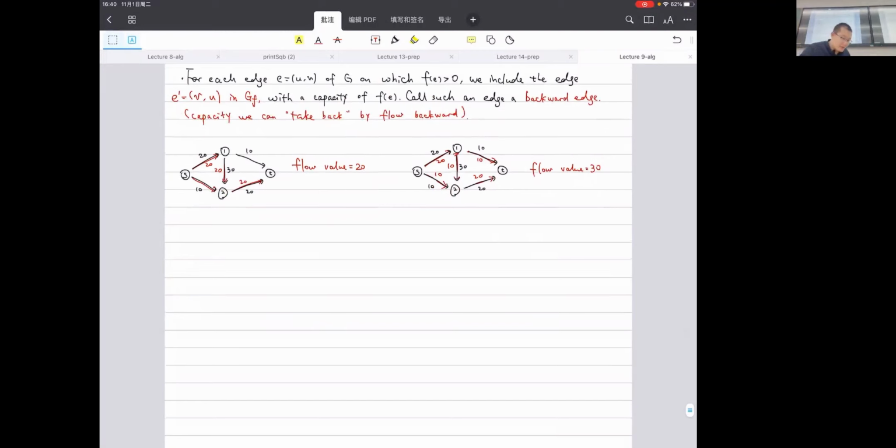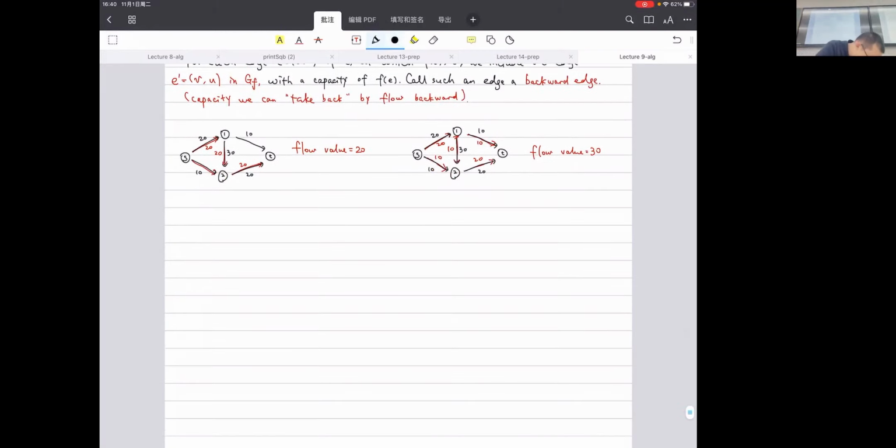So let's draw the corresponding residual graph. Here it is S, and here it is T. The vertex set is the same, so we still have T, and two vertices 1 and 2. We need to pay specific attention to the edges.